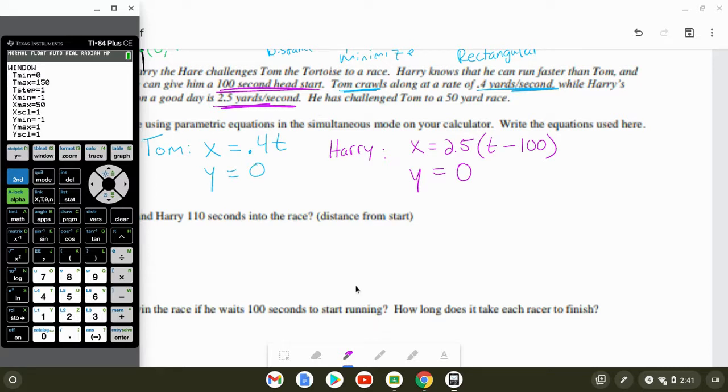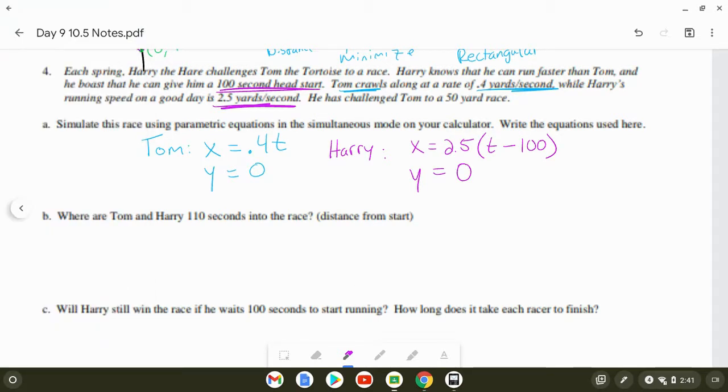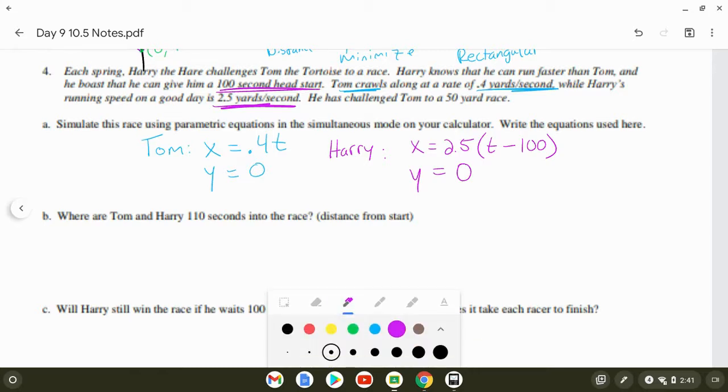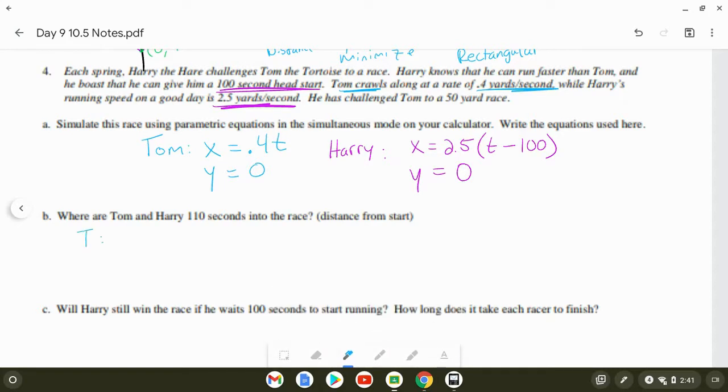Okay, so that's part A. For part B, where are Tom and Harry 100 seconds into the race? Well, you can do that algebraically if you'd like, where Tom would be 0.4 times 110 seconds. So Tom would be, what is that, 44 yards into the race.